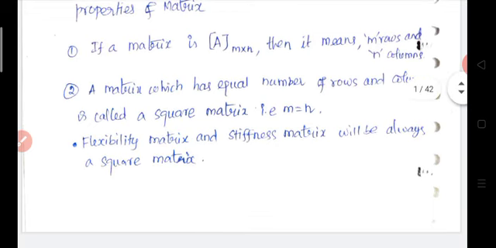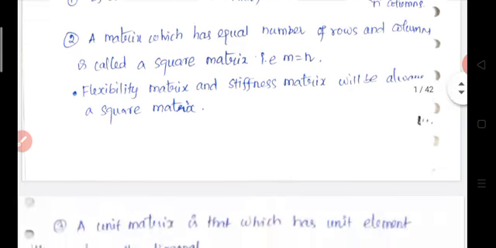Second, what is meant by a square matrix? A matrix which has an equal number of rows and columns is called a square matrix. So a 2 by 2, 3 by 3, or 4 by 4 matrix is a square matrix. Generally the flexibility and stiffness matrices will always be square matrices.